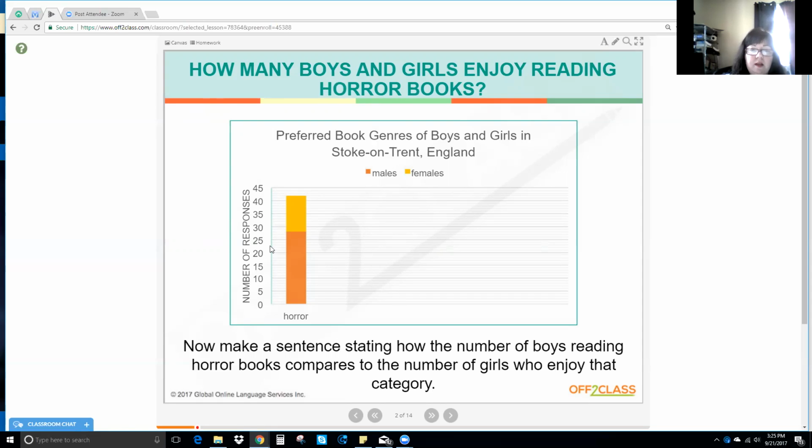So you would say something like, there are about 27, 28 males who prefer to read horror books compared to more than 40, or approximately 42 females in Stoke-on-Trent, England, who prefer reading horror stories, horror books.